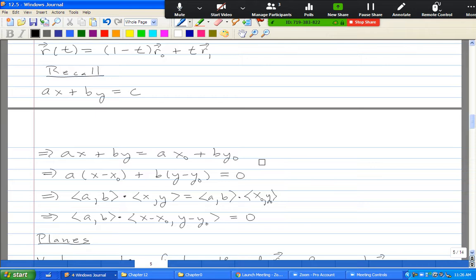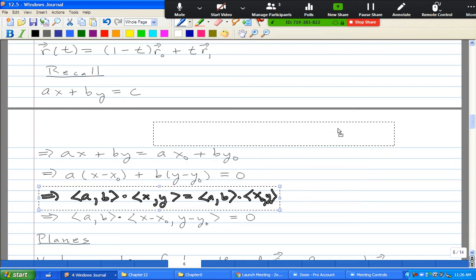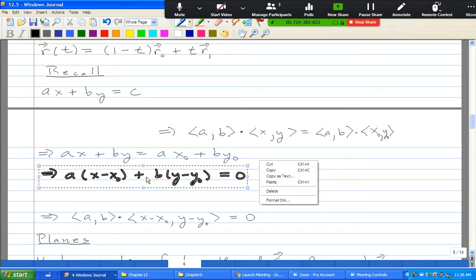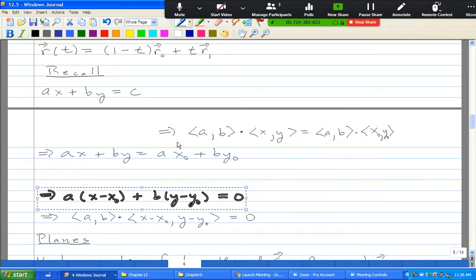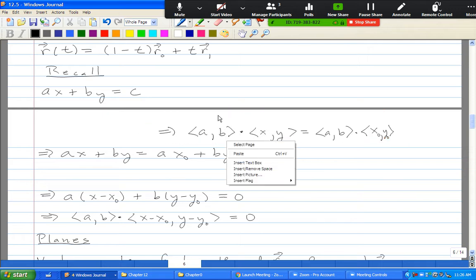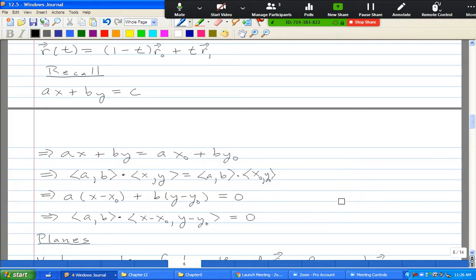Actually, I should maybe have written this way. One second. And so I can write this as this dot product. And if I bring these to the other side of my equation, I can write it as a dot product.